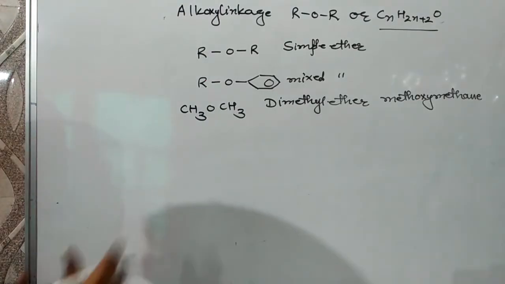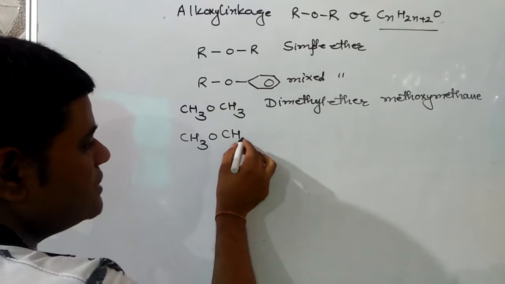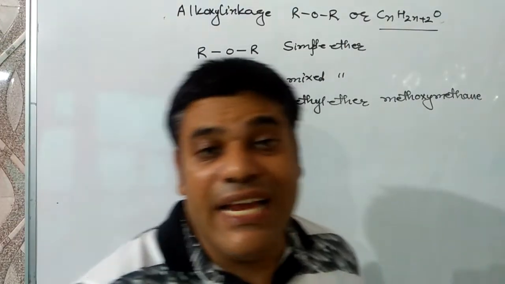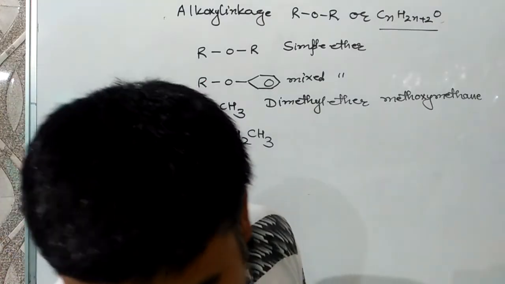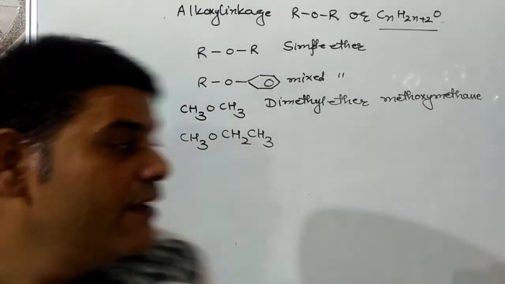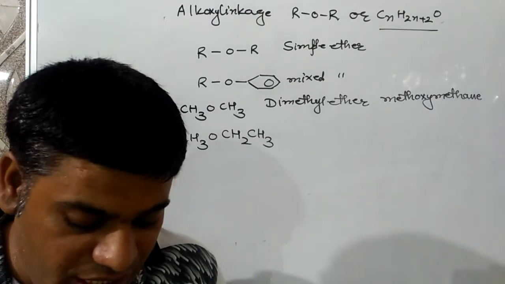Similarly, the next one is CH3OCH2CH3. The common name for this is ethyl methyl ether, and the IUPAC name is methoxyethane.